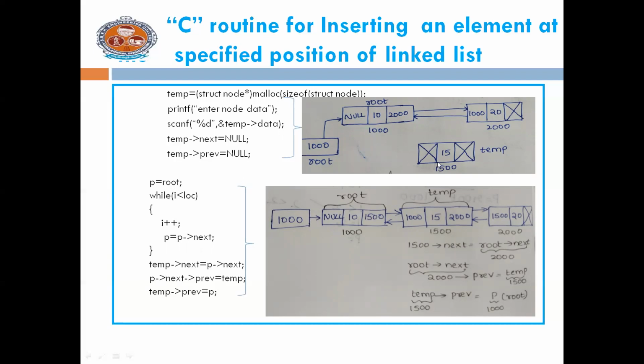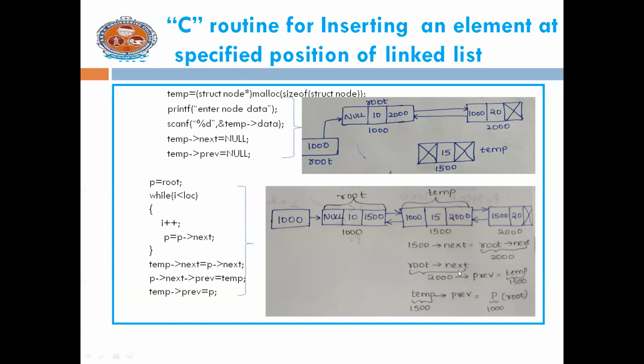So here, when you are inserting this node in the middle, you have to update this new node's previous address as well as the new node's next address. So temp of next, I'm initially updating, that is nothing but root of next. So temp of next equals root of next, and next you have to update this previous pointer, with which value? Root of next of previous.